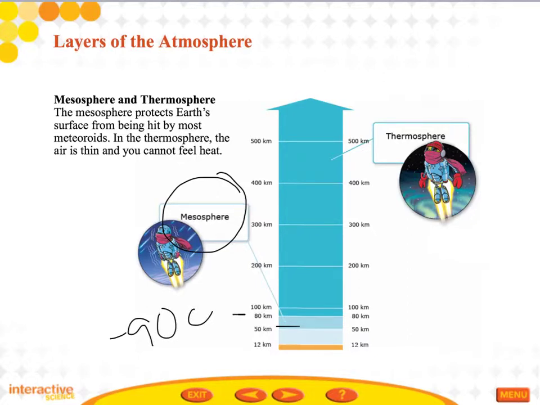Now, this layer plays a very important role in our Earth because it actually protects us from being hit by meteoroids. Now, meteoroids, as we know, are just stones and rocks and metal and those sorts of things that are coming from space.